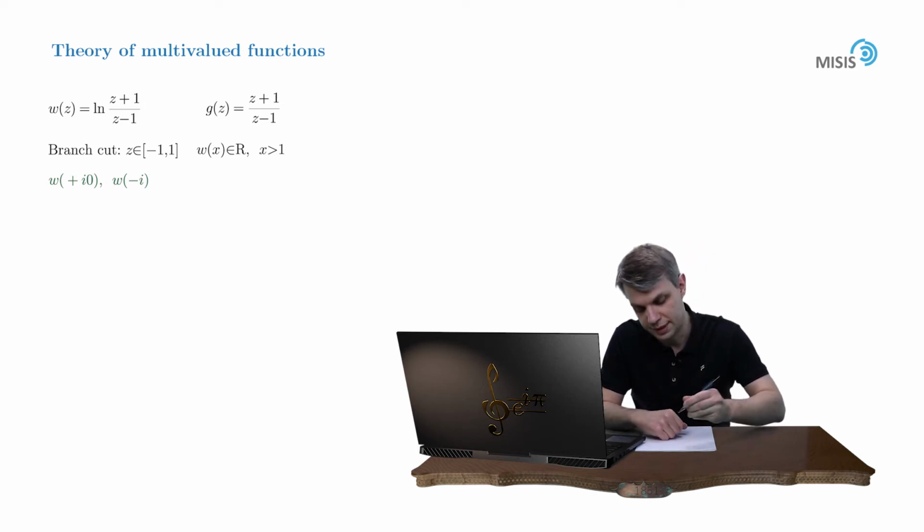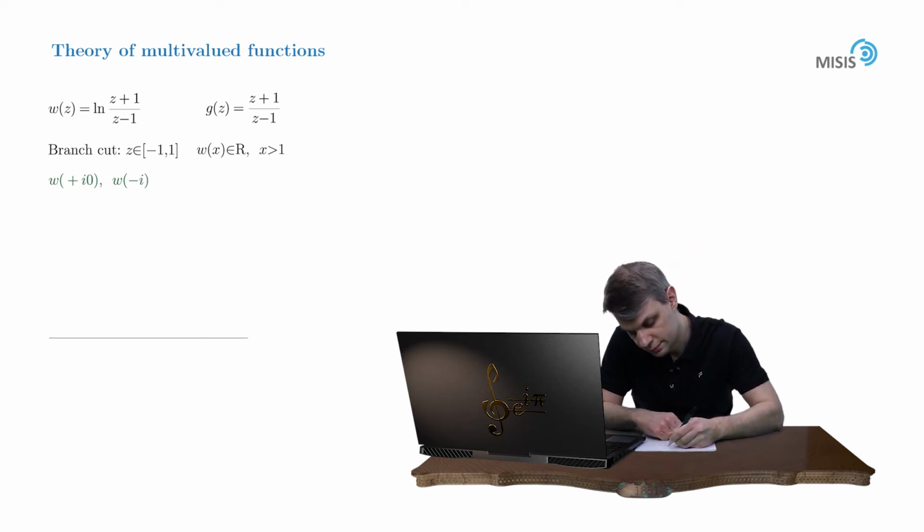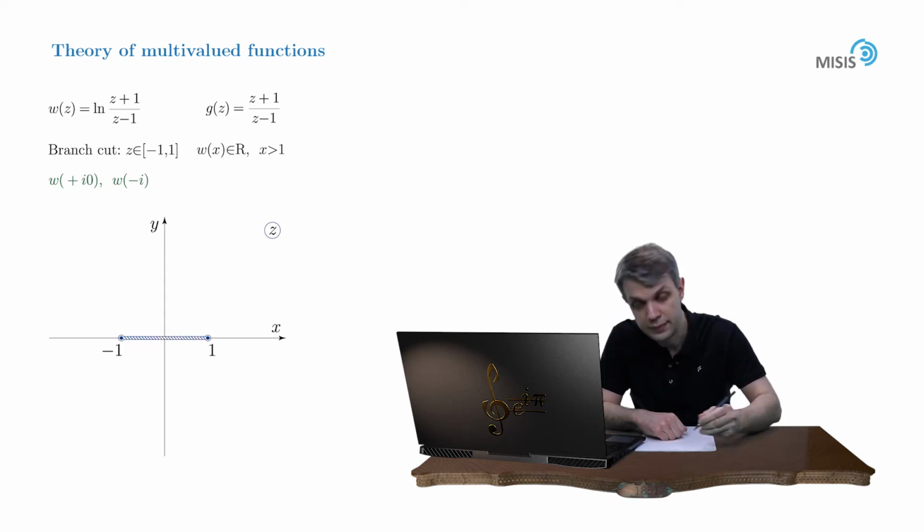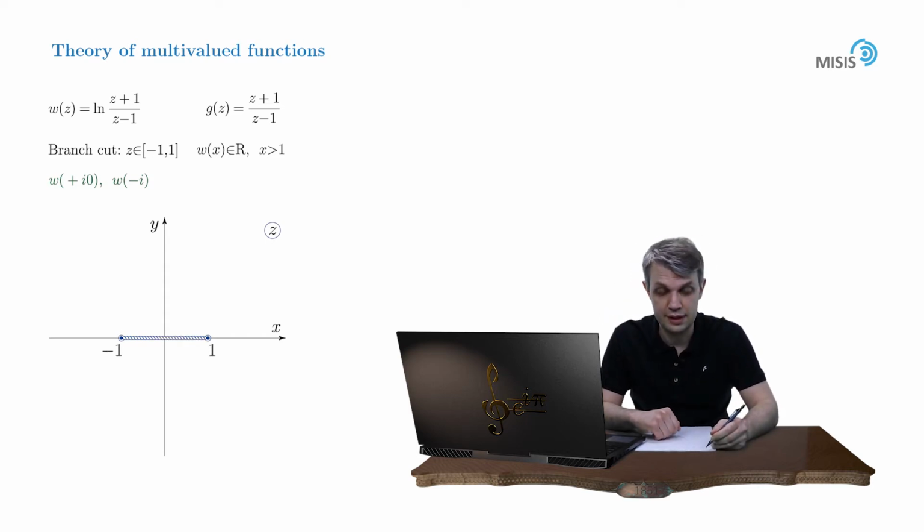So let's draw the complex plane. And I leave it up to you to prove that this finite branch cut does indeed define a single valued function in the complex plane.